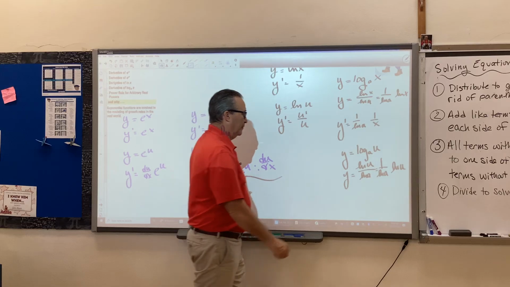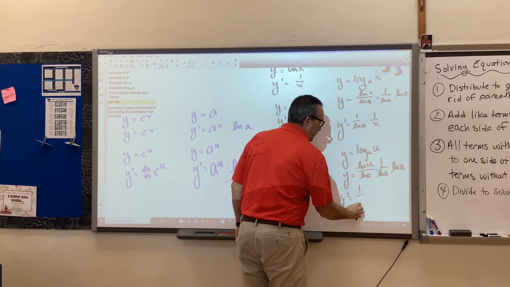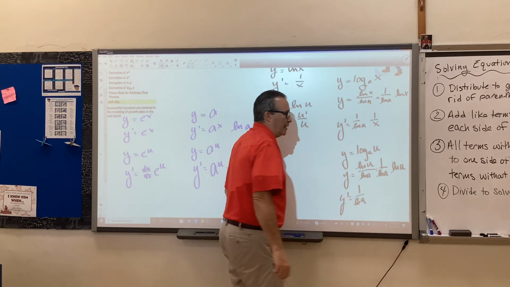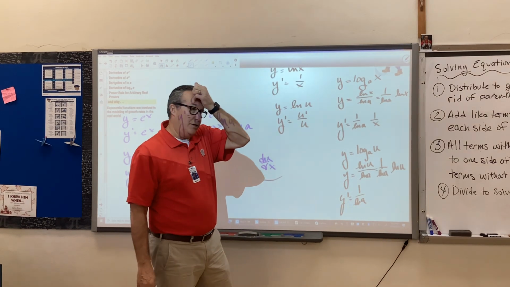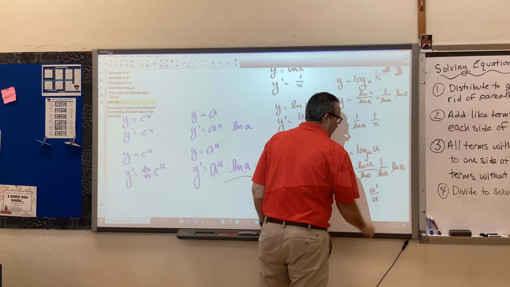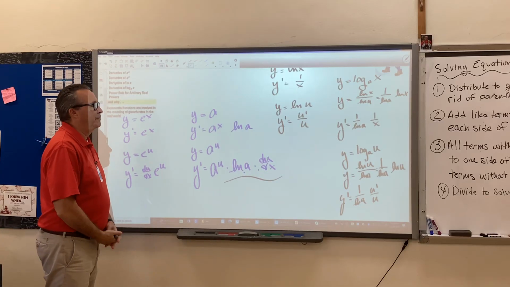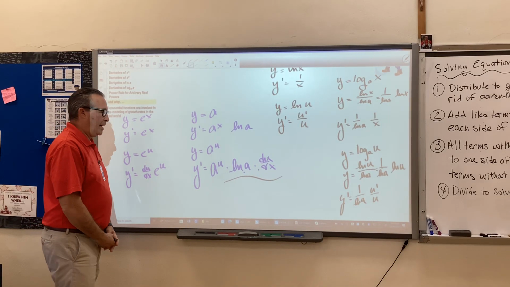Its derivative is this constant, 1 over the natural log of a, times the derivative of the natural log of u, which is u prime over u. Okay?